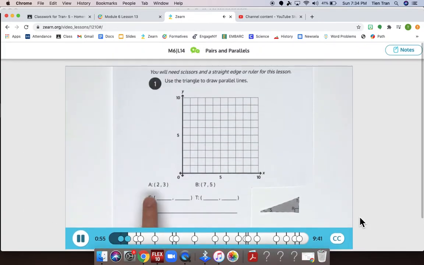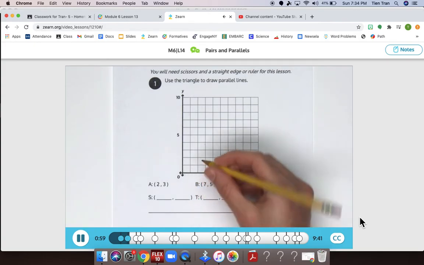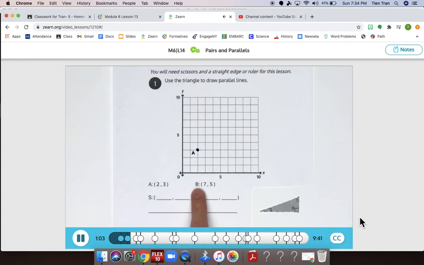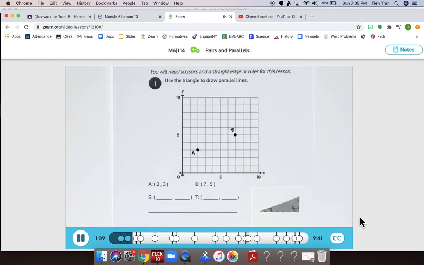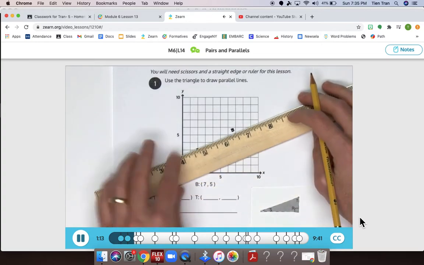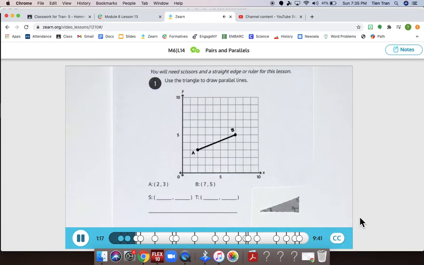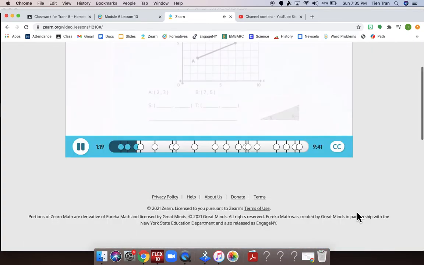I'll plot point A at 2, 3 here, and point B at 7, 5 here. I'll use my straight edge to connect the 2 points and create line segment AB. Check your work. Okay, so that's what we just did, and now we're going to do the next part.